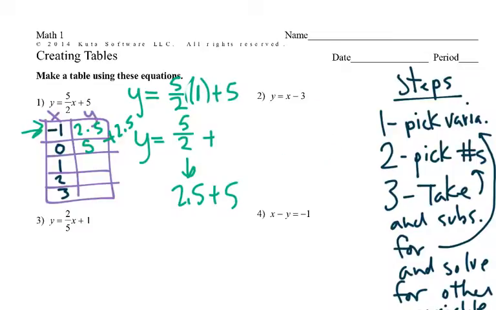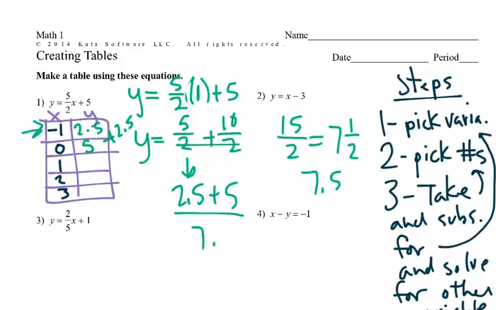Or I can just think, what number as a fraction would equal 5 with a denominator of 2? Well, 10 divided by 2 would equal 5. If I did it that way, I'd have 10/2, add them together, and we'd have 15/2, which I could make 7 1/2 or 7.5. Same way. It doesn't matter which way you decide to do it.